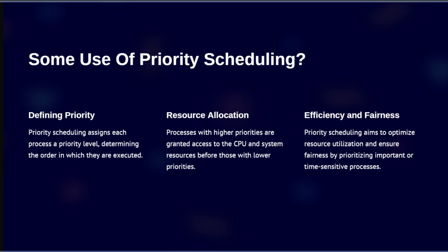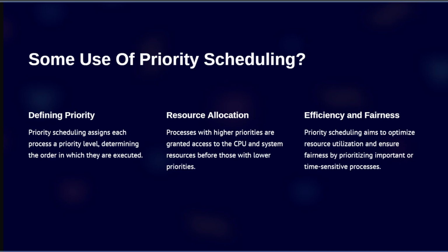Now let's look at some key uses of priority scheduling. Defining priority: this scheduling method assigns a priority level to every process. This helps to determine the order of execution based on importance. Resource allocation: priority scheduling ensures that processes with higher priorities are granted access to the CPU and system resources before those with lower priorities.